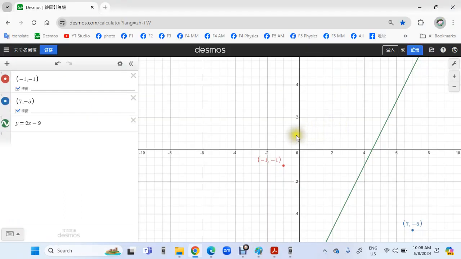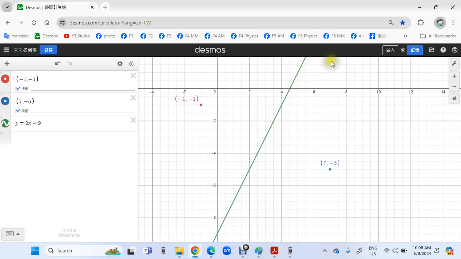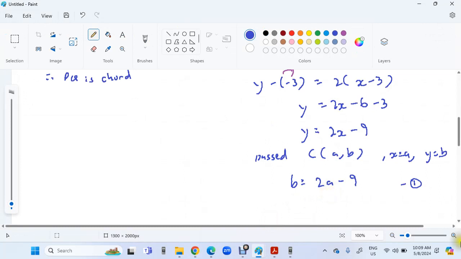We have the point P and point Q here, and this is the perpendicular bisector of PQ. So the center of the circle will fall on the perpendicular bisector of PQ. Then next, we know that the center is (a, b) and the radius is 5.